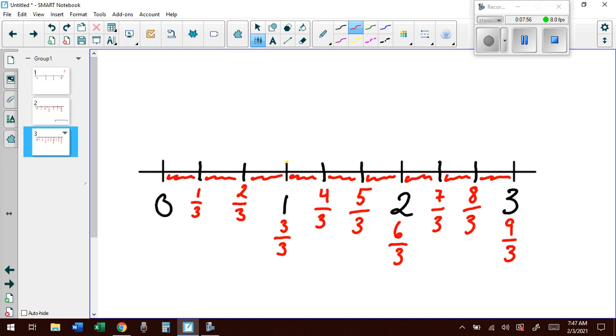So according to this, 2 candy bars equals 6/3. 3 candy bars equals 9/3.